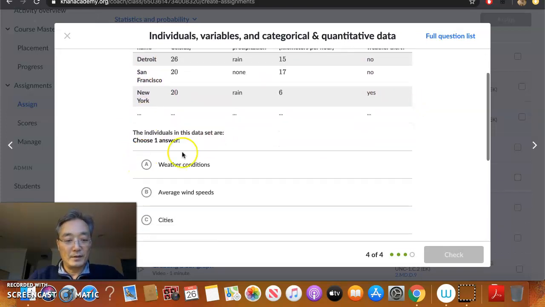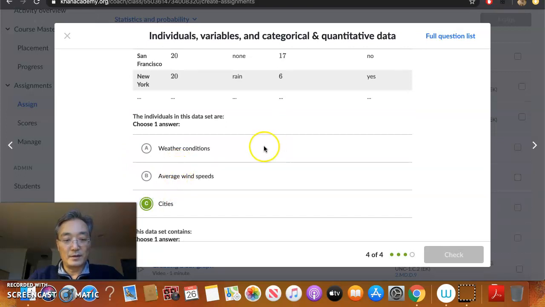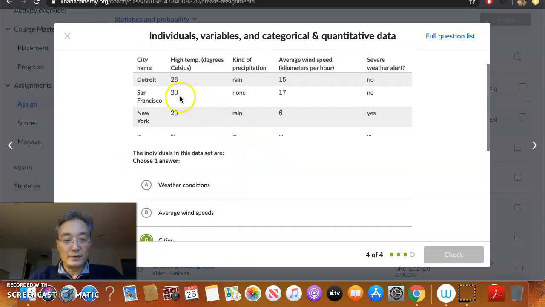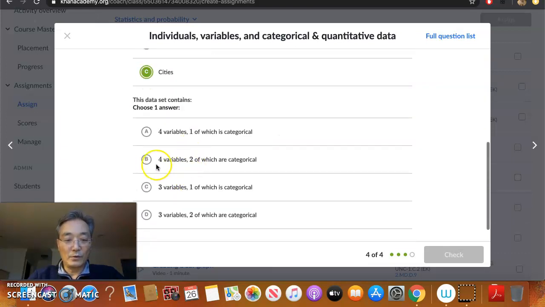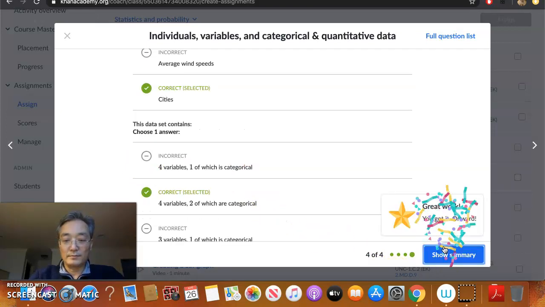So the cities is the individual, and we have 4 variables, and 2 of them are categorical and 2 of them are quantitative. So 4 variables, 2 of them are categorical.